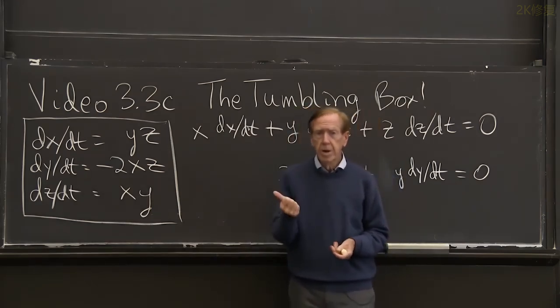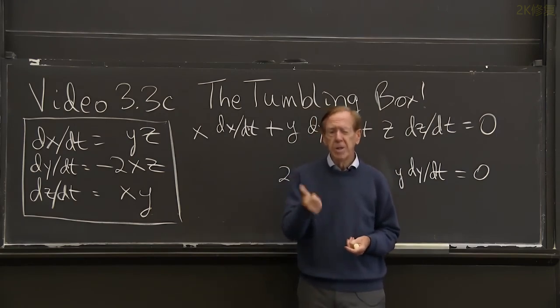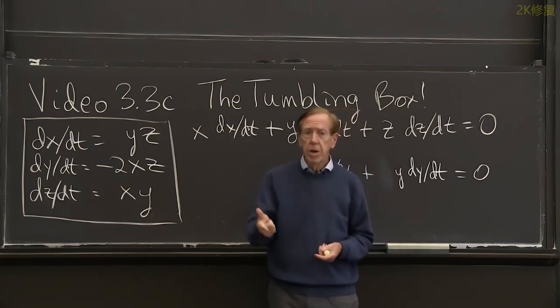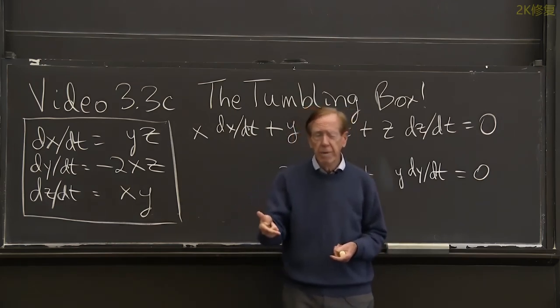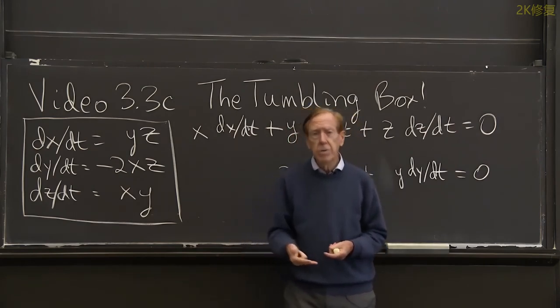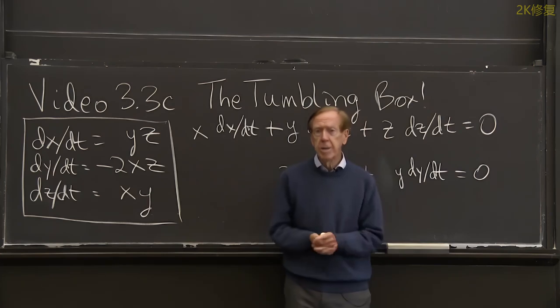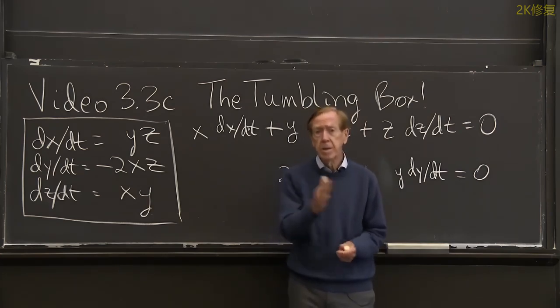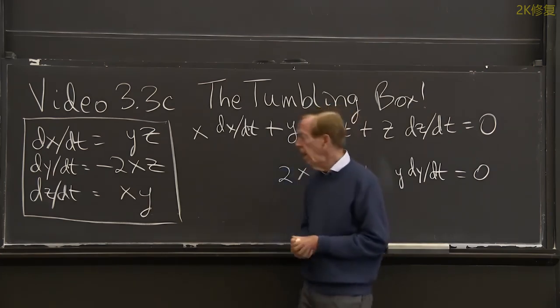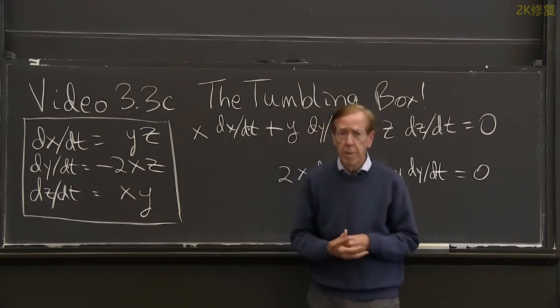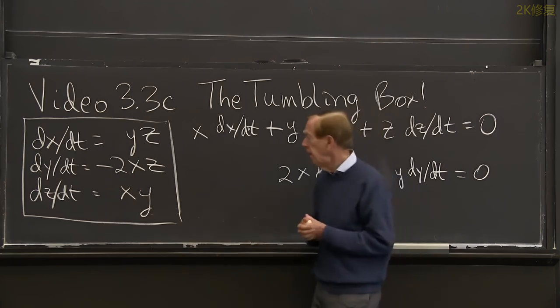So first, find the critical points. Second, find the derivatives at the critical points. Third, for that matrix of derivatives, find the eigenvalues and decide stability. That's the sequence of steps. Okay, and first time we've ever done a 3x3 matrix, maybe the last time.